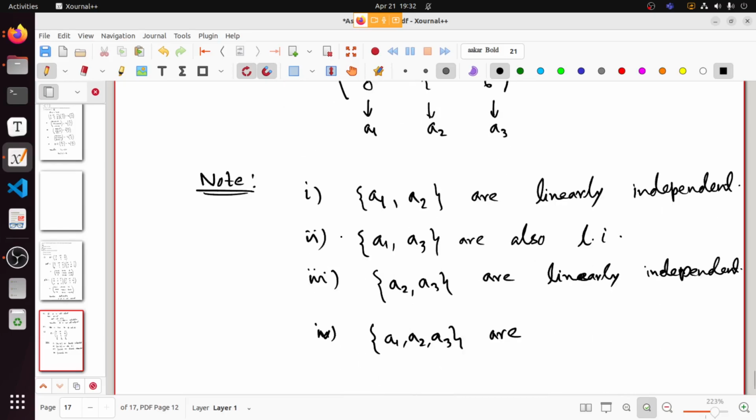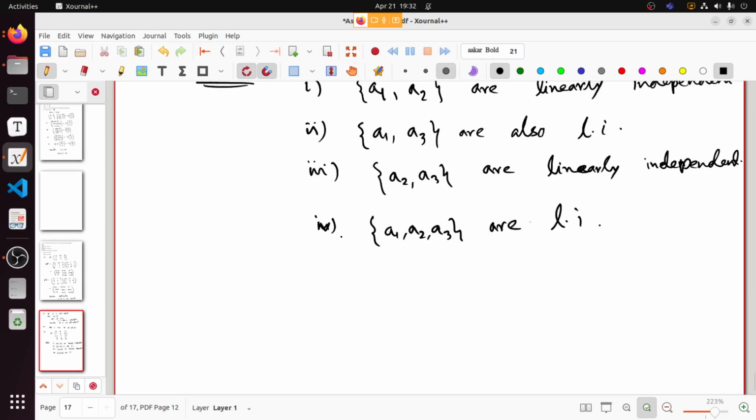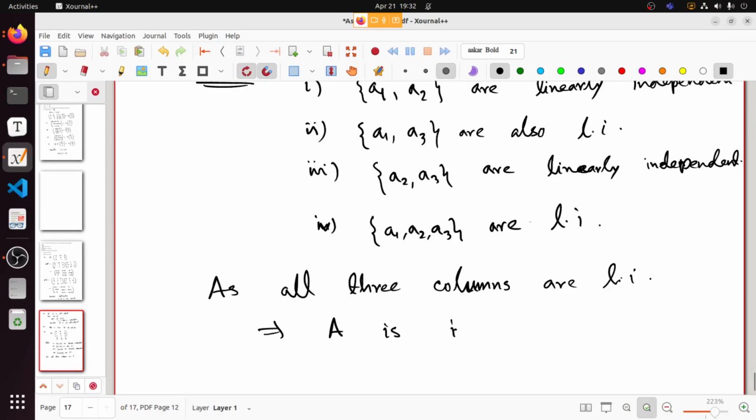So all three columns are linearly independent, therefore A is invertible.